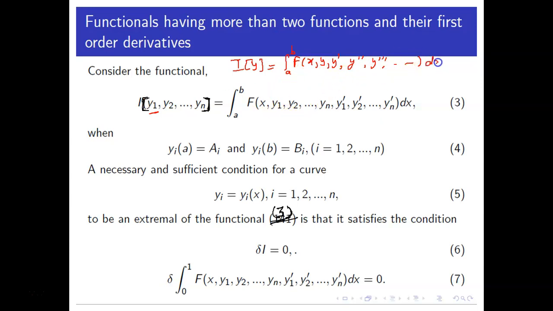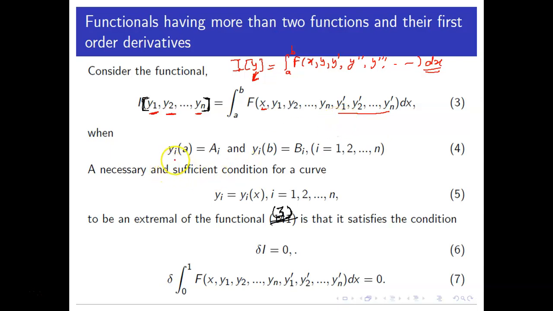But now the generalization is that more functions are involved in the given functional. Let the functions be y1, y2, up to yn, meaning n functions, which depend on the variable x, and the first order derivatives of these functions are also there in the functional.